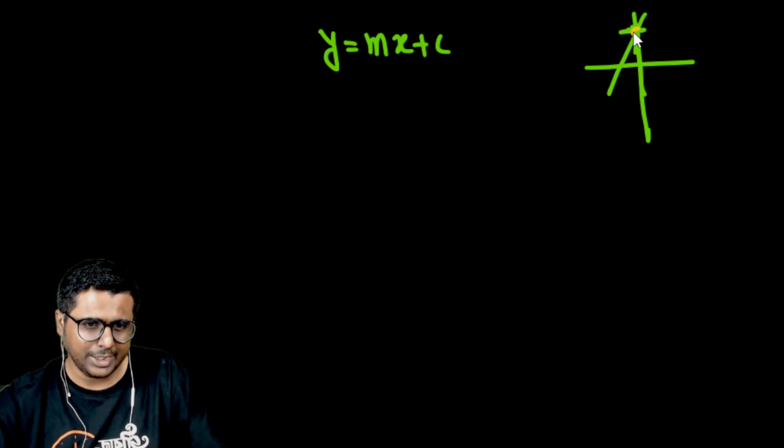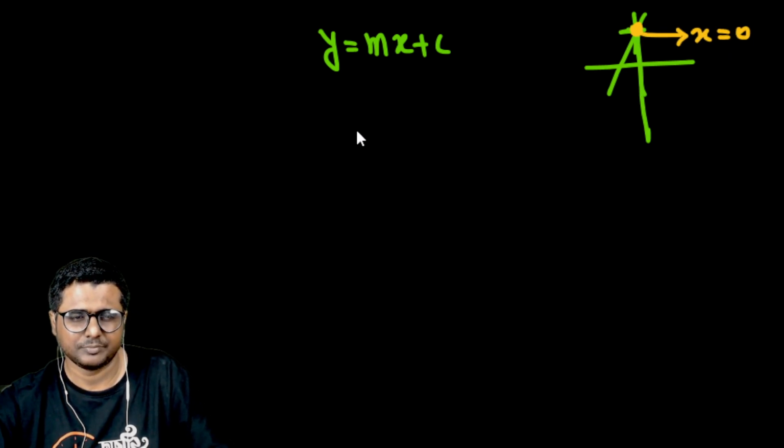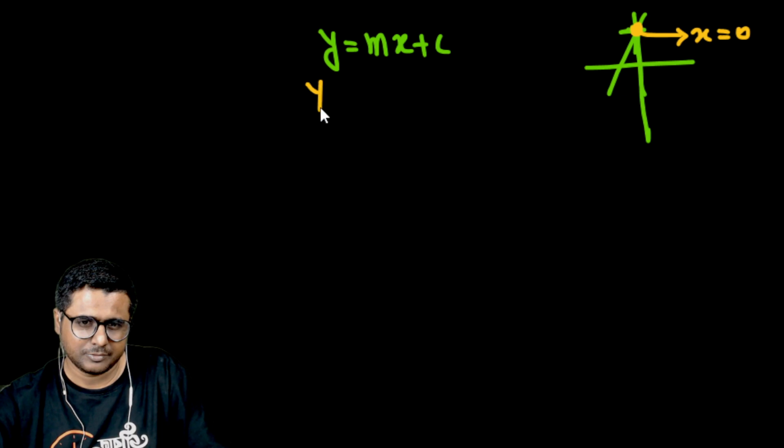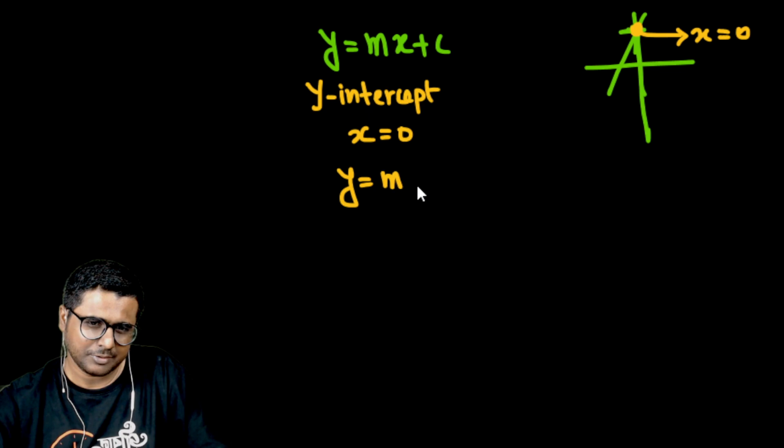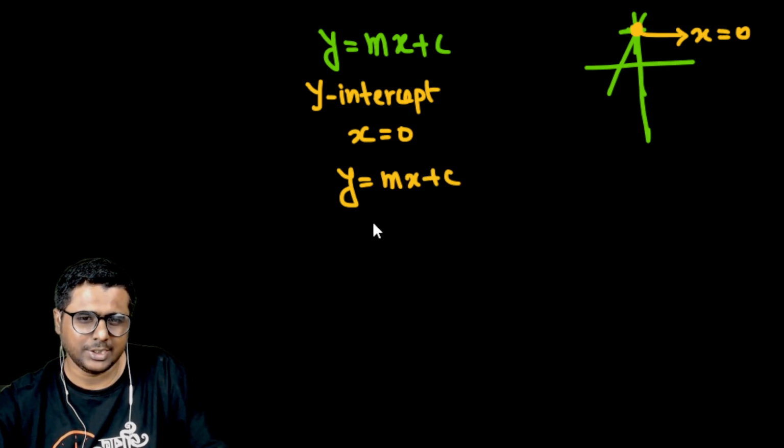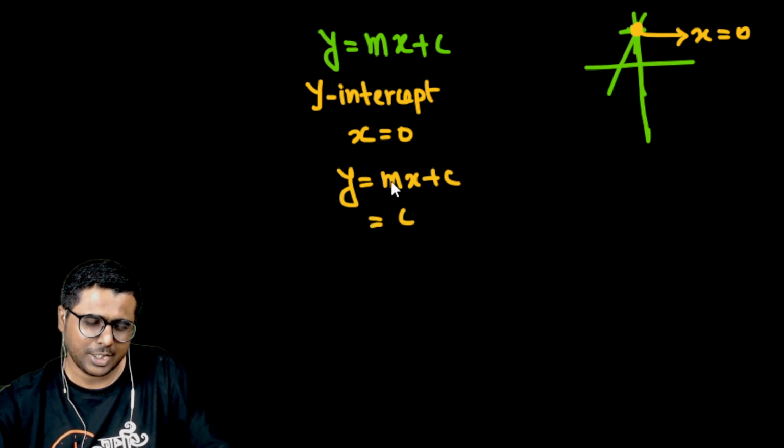Whenever the line cuts the y-axis over here, x is equal to 0. So when I am calculating y-intercept, I will just put x is equal to 0 in this line, y is equal to mx plus c. So mx will be 0 and I will get y is equal to c.